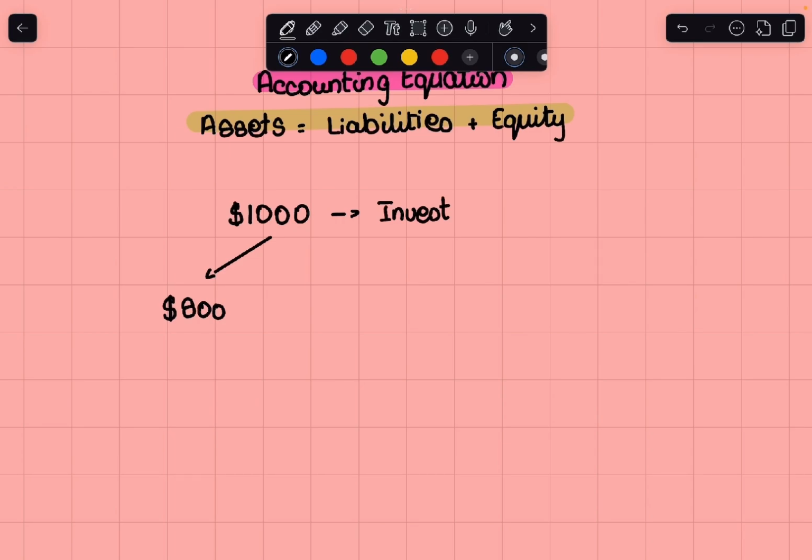So, what you do is you go up to someone or to the bank and ask them to give you some loan or some sort of money. Whatever amount they give you will be known as the liability which you owe to them. But at the end of the day, whenever you're adding these two things in, you're getting an investment out of it. So now that investment is going into the business and increasing the asset of the business.